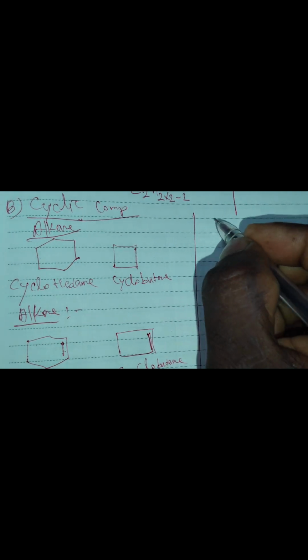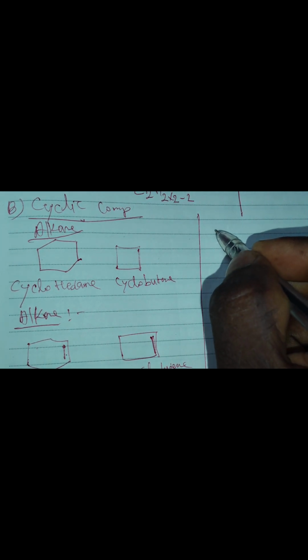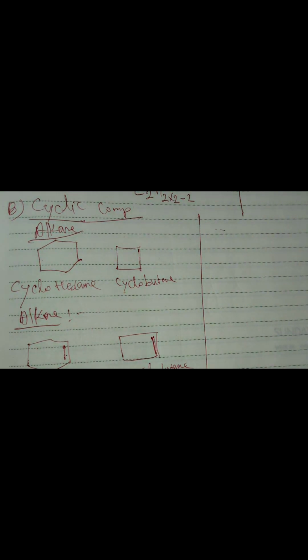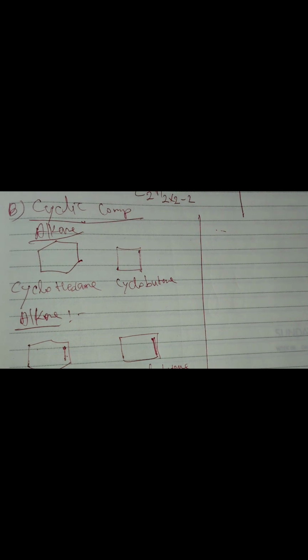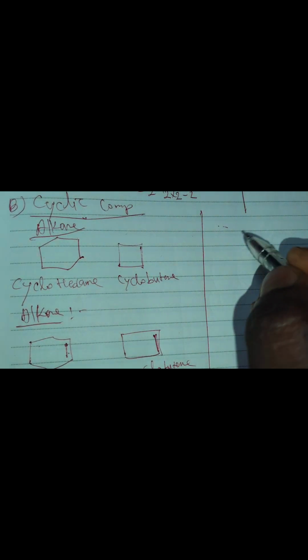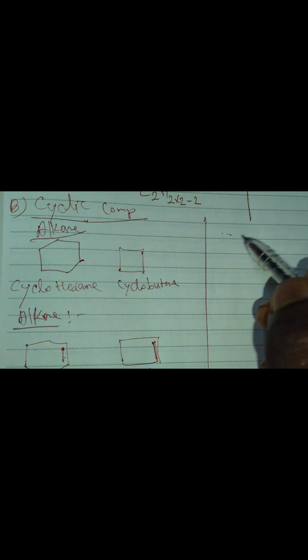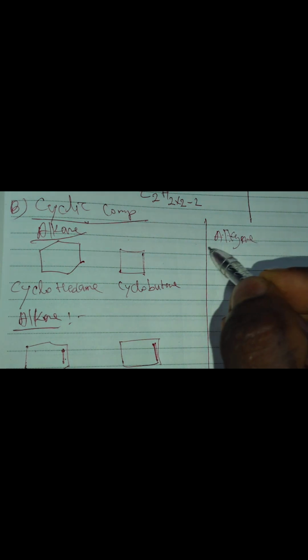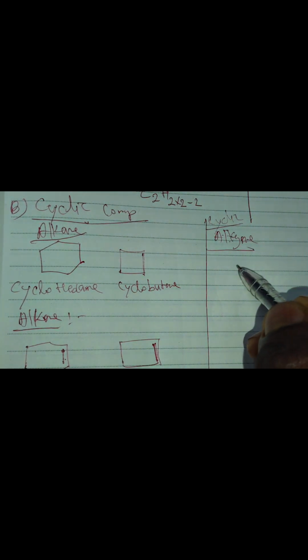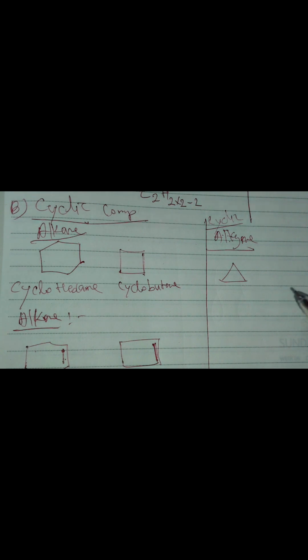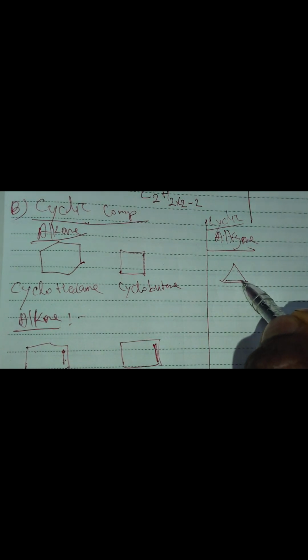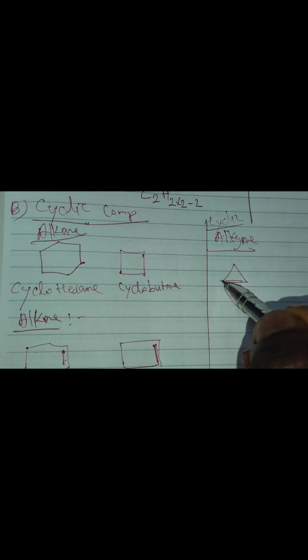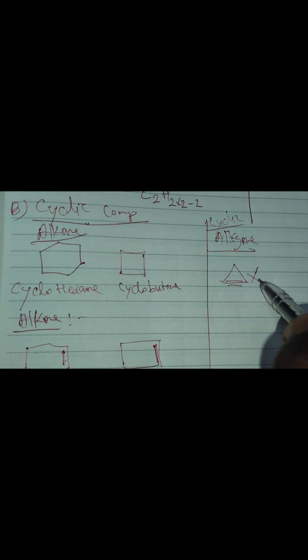And there is alkyne. We have a doubt: the minimum ring size of a cyclic compound is 3 carbons. In the case of cyclic alkyne molecules, the minimum number of carbons is 3. If you assume this is cyclopropane with a triple bond inside, among these 2 carbons of 1, 2, 3, this compound does not exist.